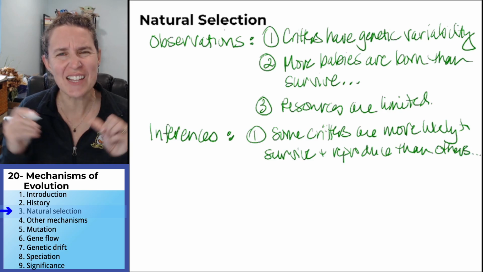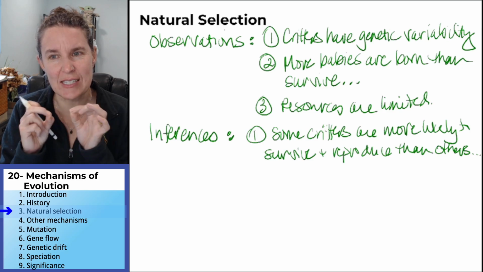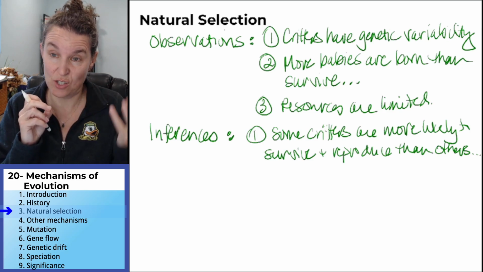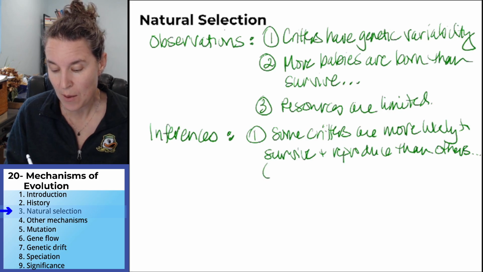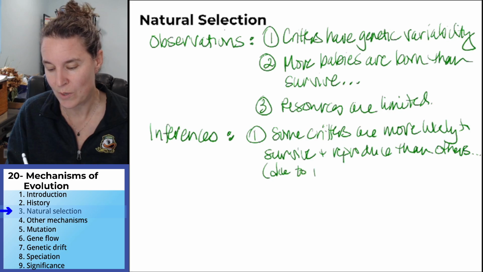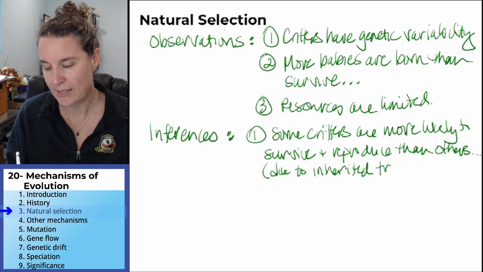And here's another little piece that he added on to this. It's not just that they are more likely to survive and reproduce, but that they survive and reproduce due to inherited traits.